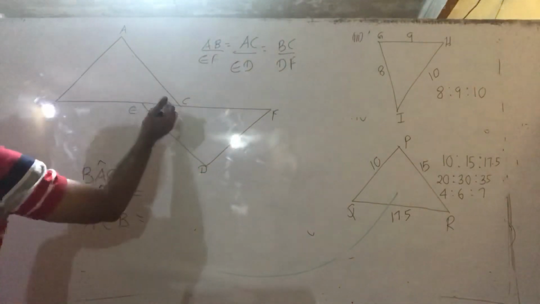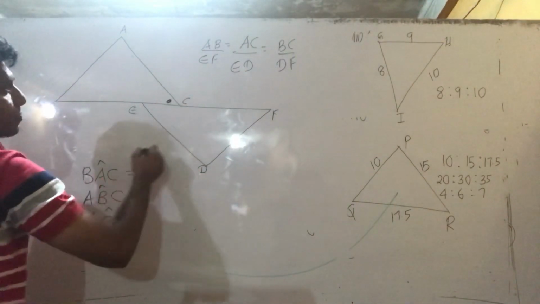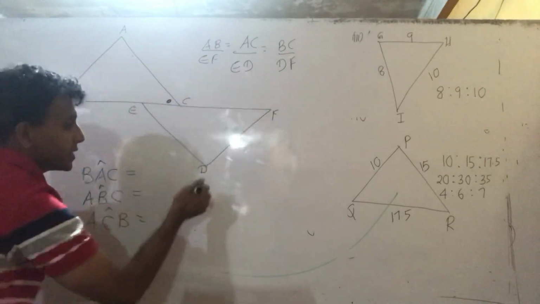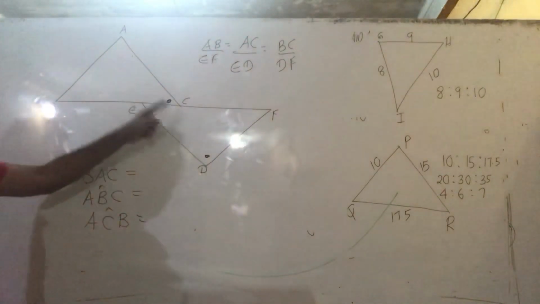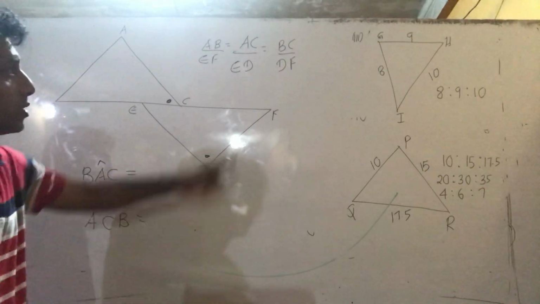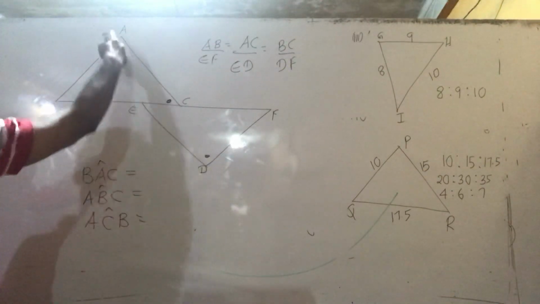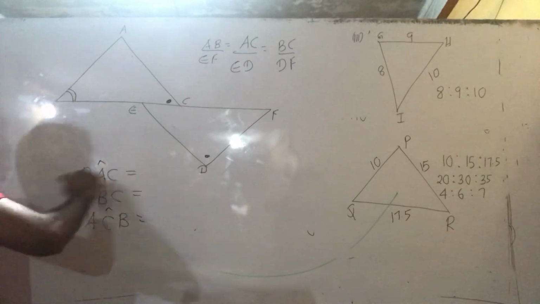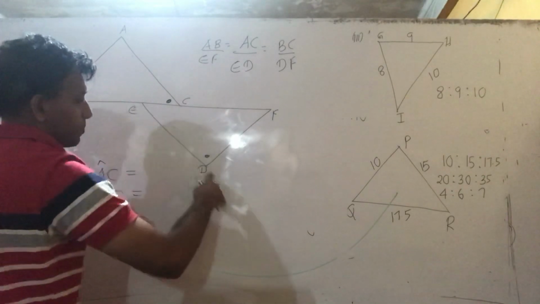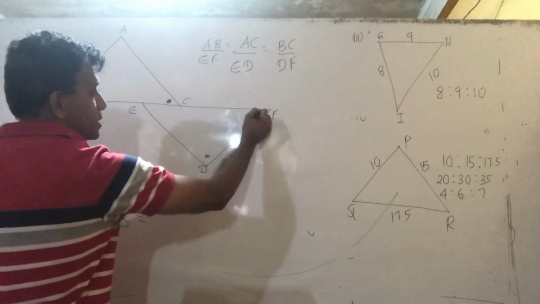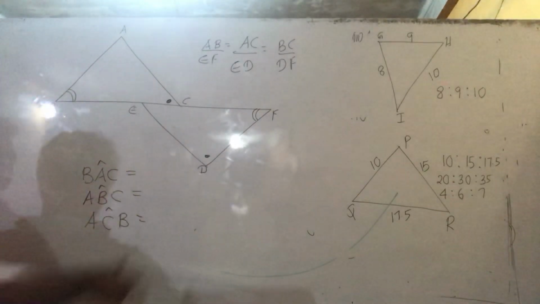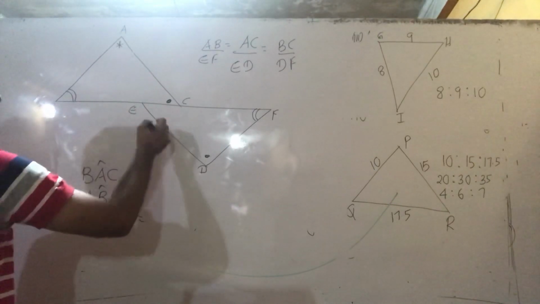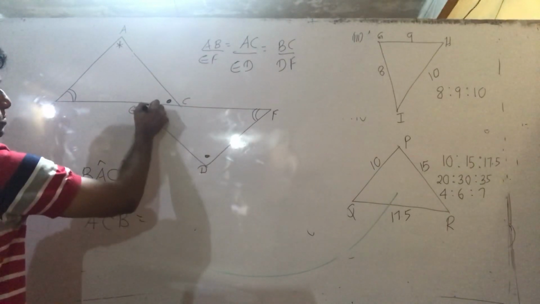We have AB, its opposite angle this; EF, opposite angle this. These two angles are the same magnitude. AC, where is AC? This, its opposite angle this. ED, this one, its opposite angle this. Next BC, this angle here, DF this.